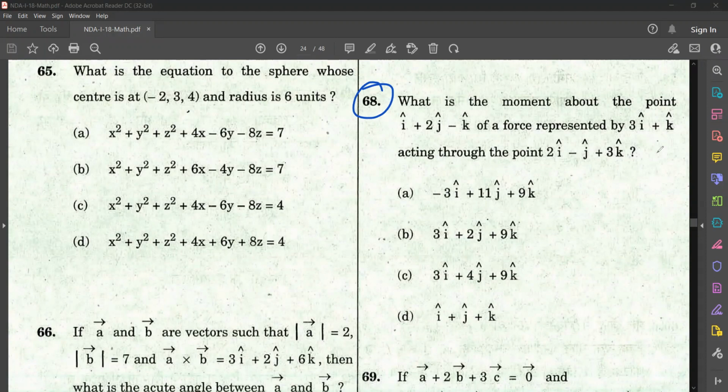You have to find the moment about the point of a force. Moment about the point i + 2j − k cap of the force acting through the point 2i − j + 3k.